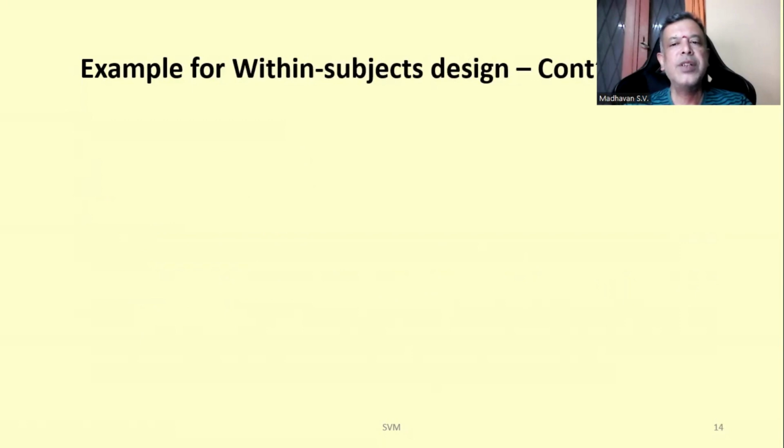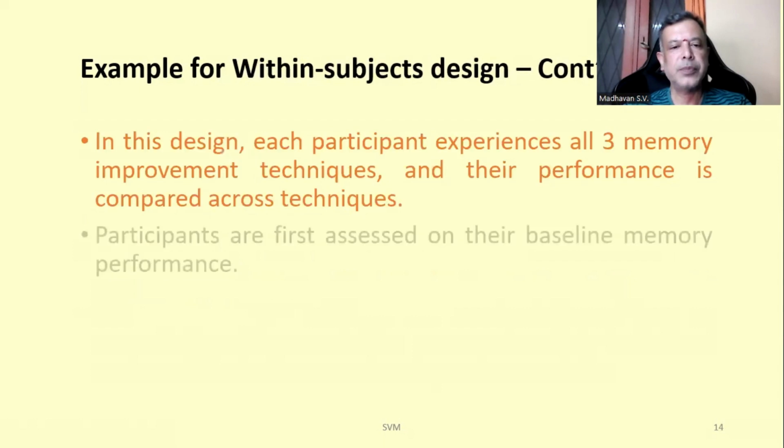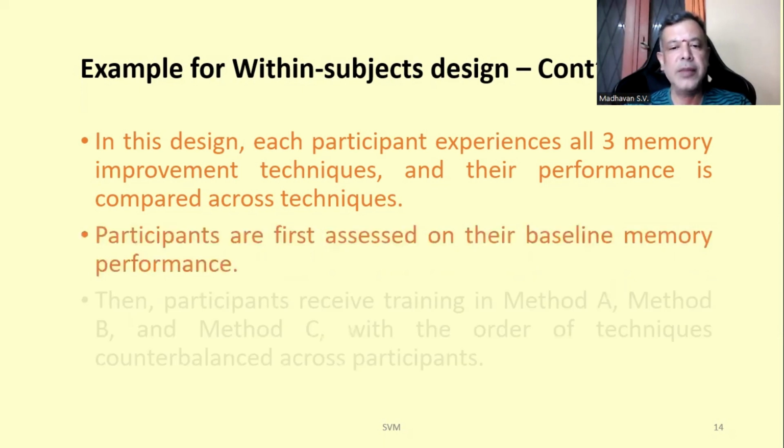Example for within subjects design. In this design, each participant experiences all three memory improvement techniques and their performance is compared across techniques. Participants are first assessed on their baseline memory performance, meaning before giving the training on the different methods, what their initial memory performance was will be assessed. That will become the baseline.